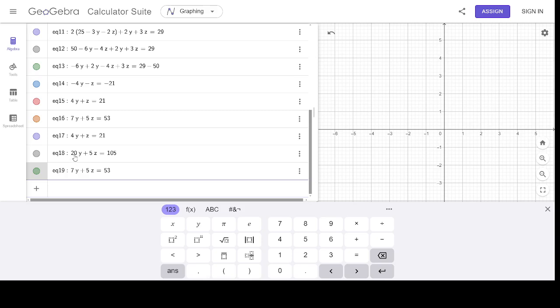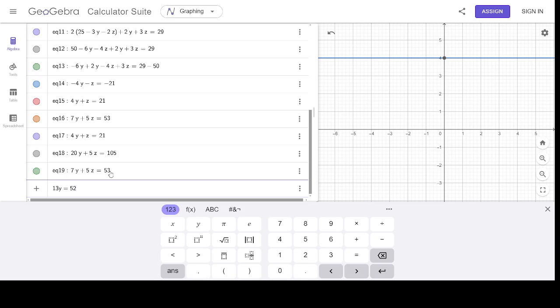So in this case, I will have 20y minus 7y, 13y is equal to, now since our aim was to eliminate z, we have successfully achieved that, because 5z minus 5z is 0z. Then is equal to 105 minus 53, which is 52. You get the concept?